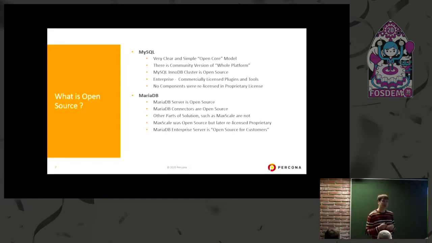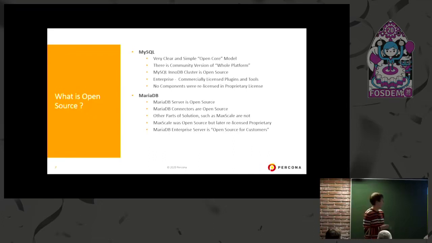I think what is interesting about the Oracle MySQL approach is that they keep the whole platform as an open source version, right? So there is a thing like MySQL Router. There is an open source version of MySQL Shell and whatever, right? So their approach has been, well, you should be able to spin it up and do everything with an open source version.